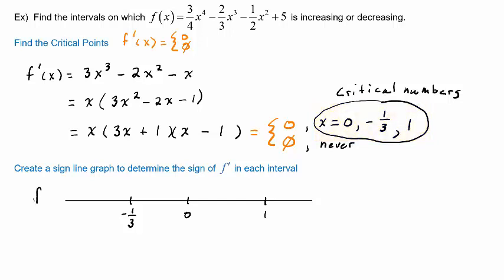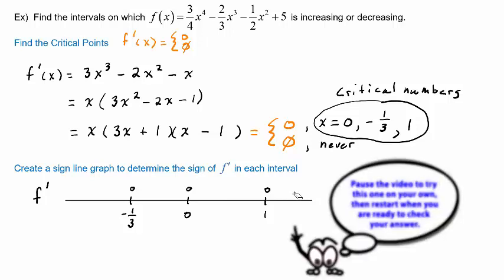We know that f prime is equal to 0 at each of those locations. And what we're going to do now is use test points to decide whether f prime is negative or positive in each of these intervals. So go ahead, pause the video, try this one on your own, then restart when you're ready to check your answers.